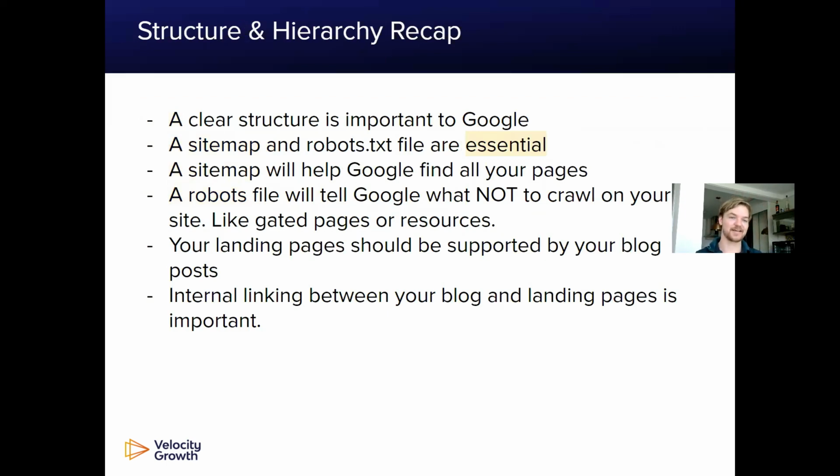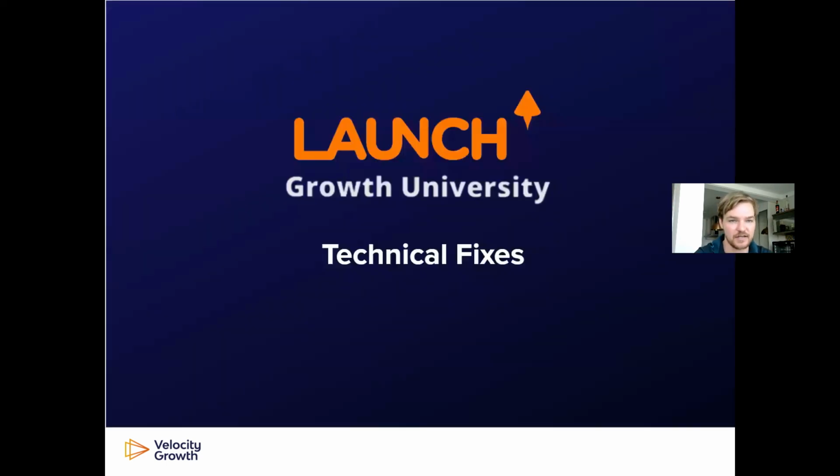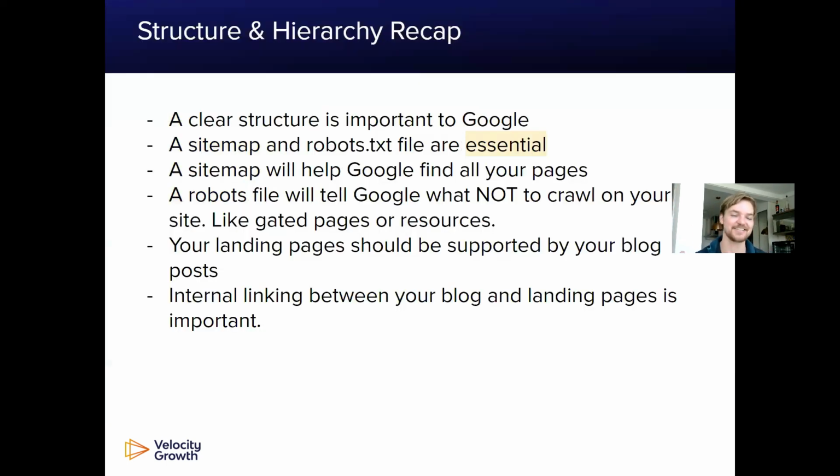Now let's jump back into a full recap on all the structure, because I think this is going to be the end here before we go into technical fixes. Important points: a clear structure is super important to Google and to users. Your hierarchy of pages is set out very similarly to how you set out folders on your own Windows or Mac computer.